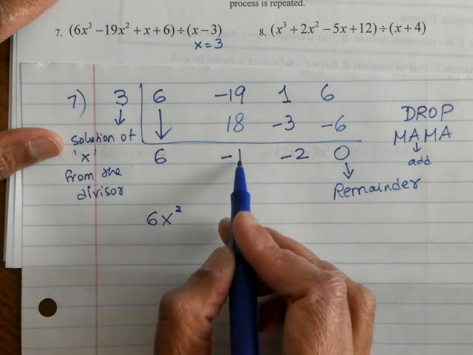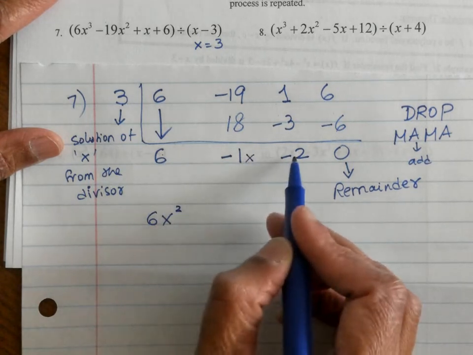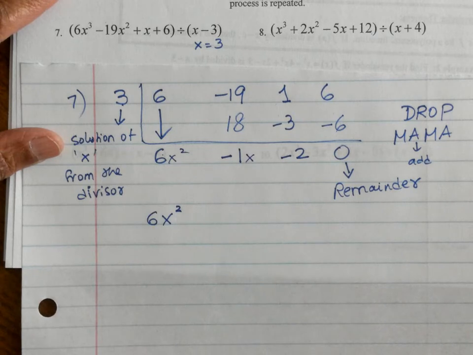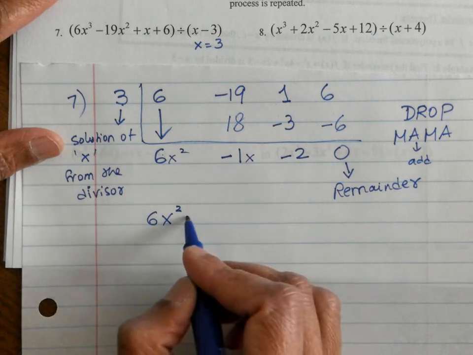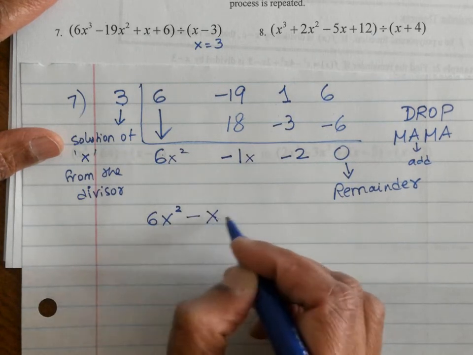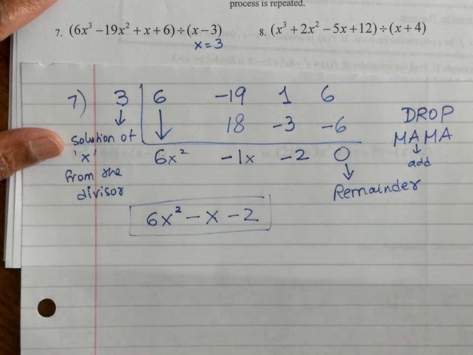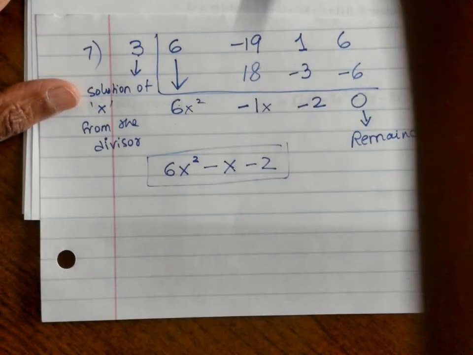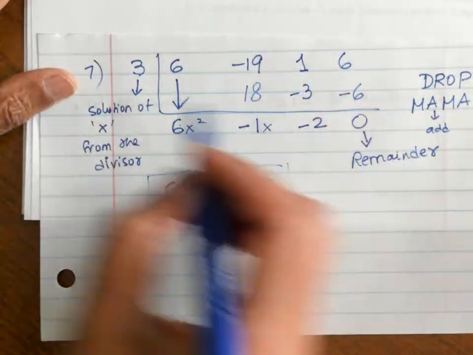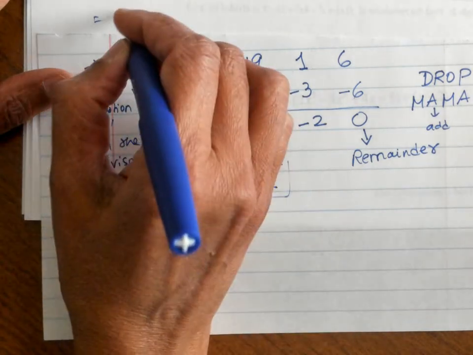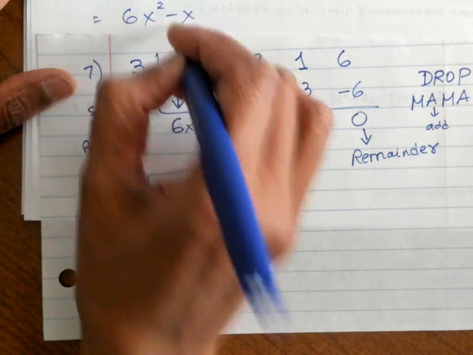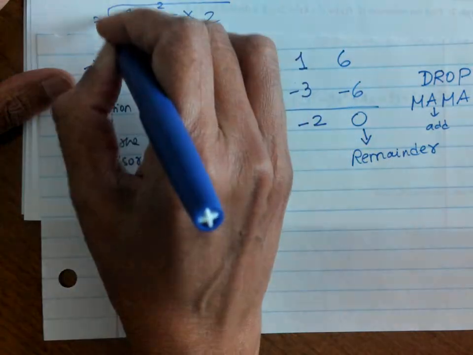This is going to be x squared, this is going to be x, and this is a constant. That's what it basically means. So 6x squared minus 1x is just minus x, minus 2 is my quotient. There's no remainder, so there's nothing else to write. That is my quotient. So this divided by this, my solution is 6x squared minus x minus 2 with no remainder.